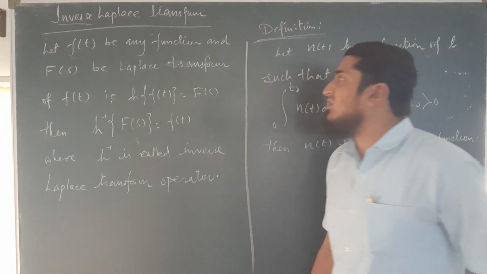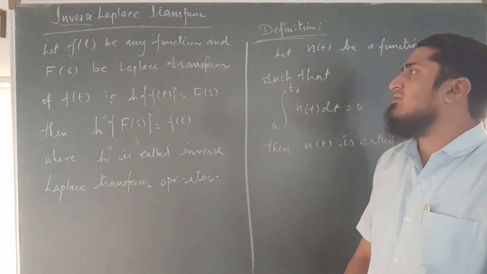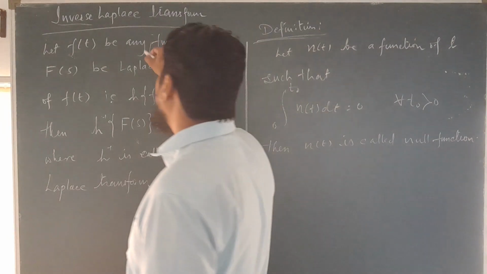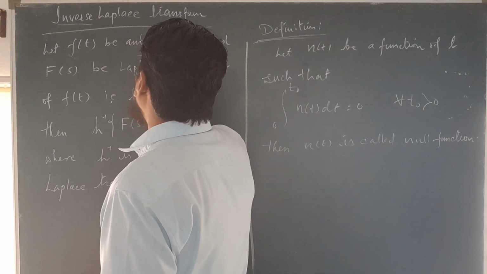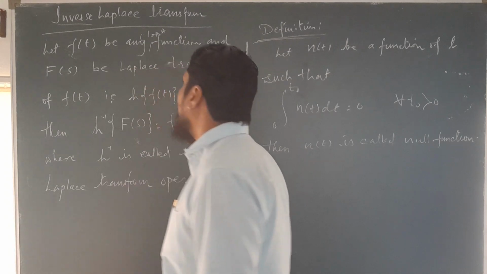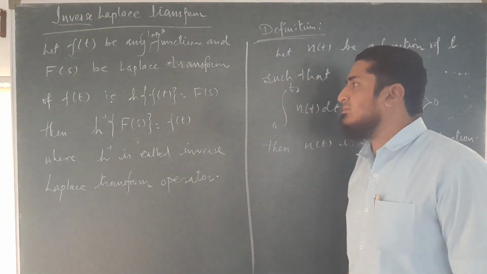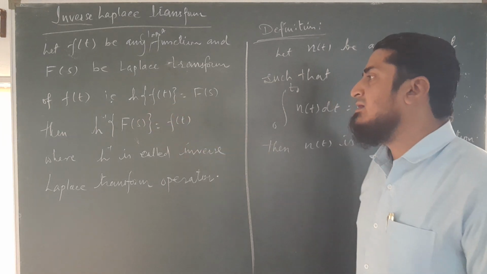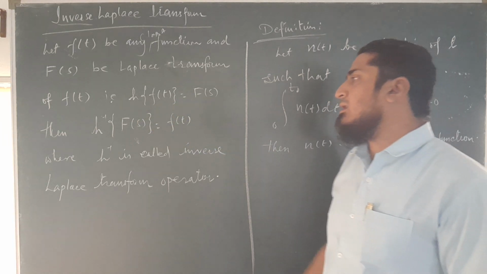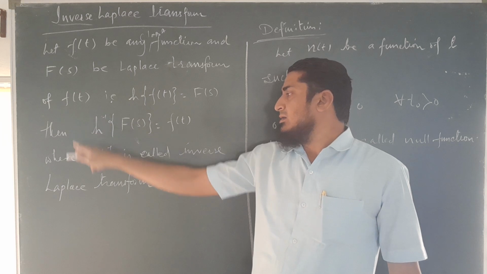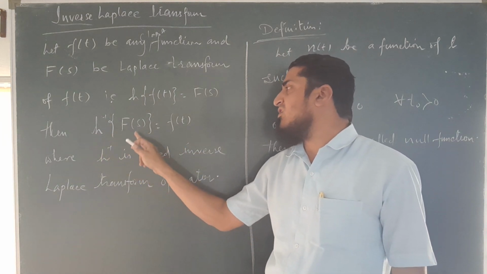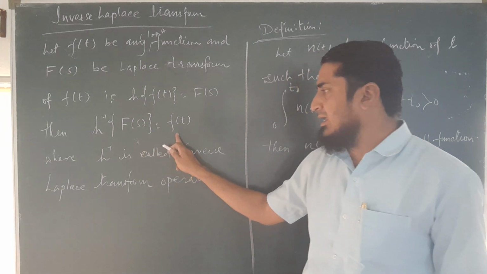Now, we have seen the definition of inverse Laplace transform. Let f of t be a class A function, and F of s be a Laplace transform of f of t, that is, the Laplace transform of f of t is equal to F of s. Then L raised to minus 1 is called the inverse Laplace transform operator, and the inverse Laplace transform of F of s is equal to f of t.